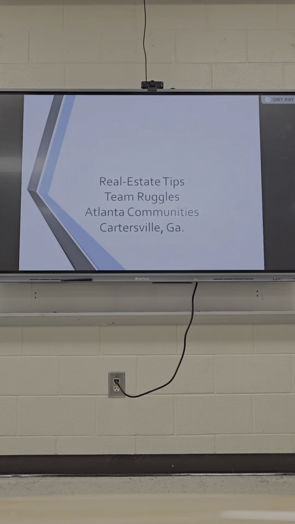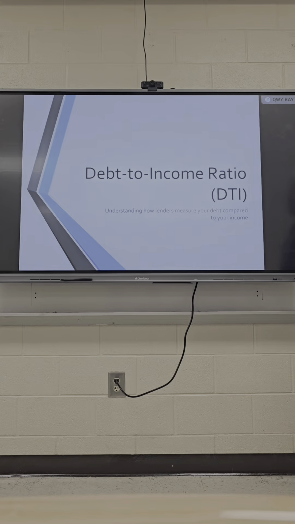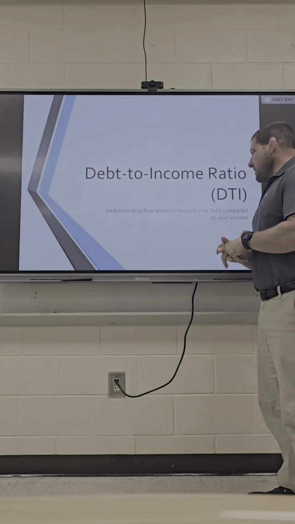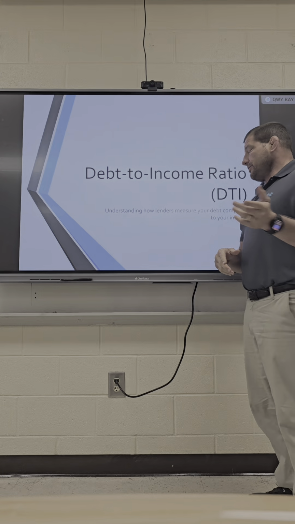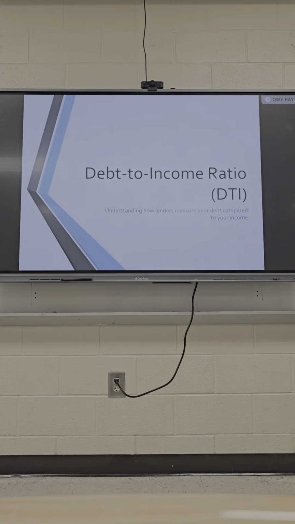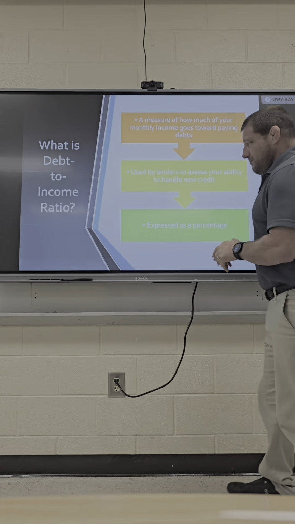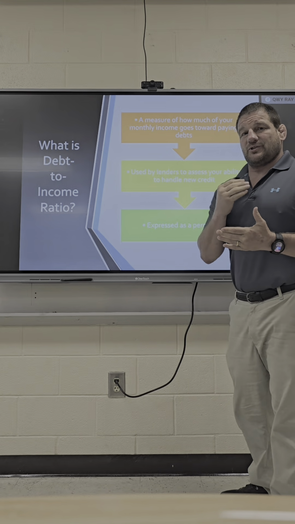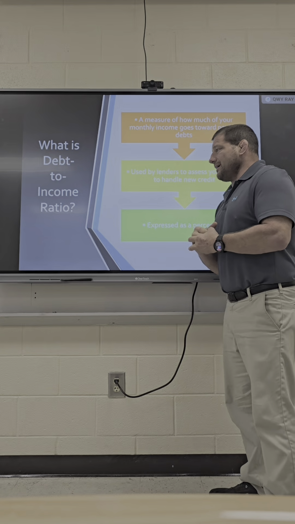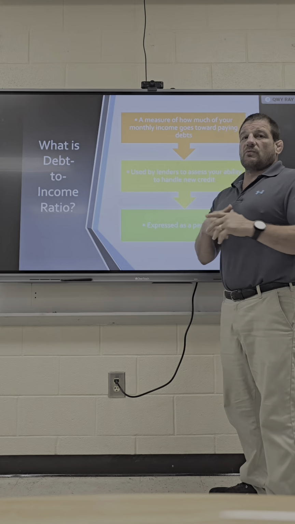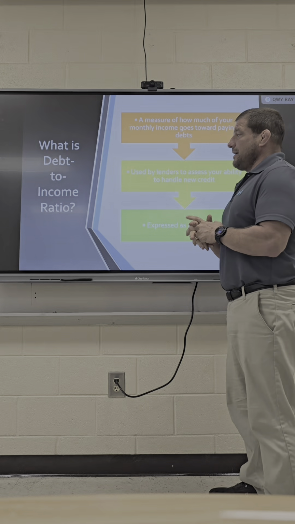All right. So debt to income ratio, understanding how lenders measure your debt compared to your income. When you go to a lender, they're going to look at your credit score, everything. They're going to look at your bills and everything that you're paying out. And one of the big decisions with underwriting is your debt to income ratio.